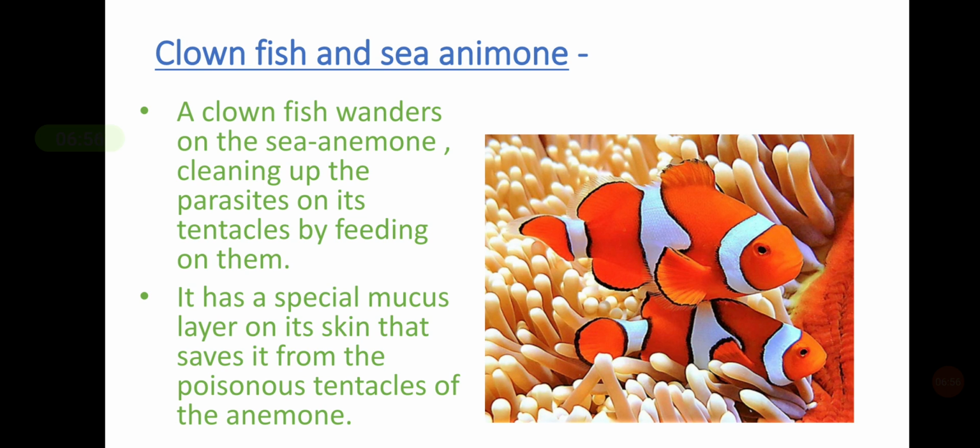So in this way both the animals, sea anemone and clownfish, benefit each other and share a mutual relationship. So I think you all understand the basic relationship between animals and their partners. They are also known as animal partners.